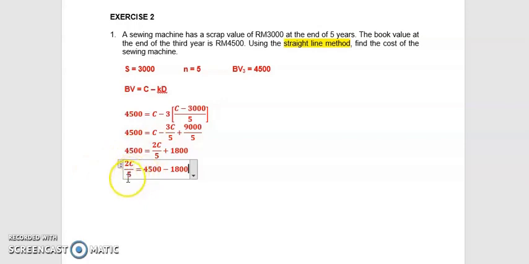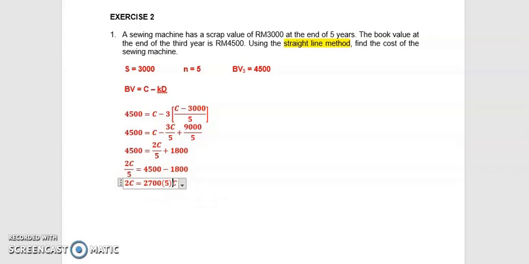Over 5 means divided by 5. So we want to make C as the subject. So bring 5 to right hand side. So 2C equal to 4,500 minus 1,800 is 2,700. Multiply by 5. Okay, so this one divide, bring to right hand side, become multiply.